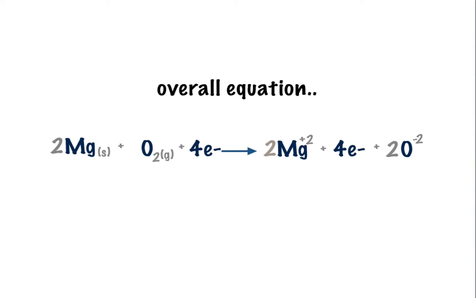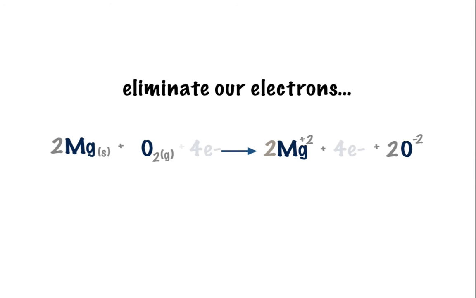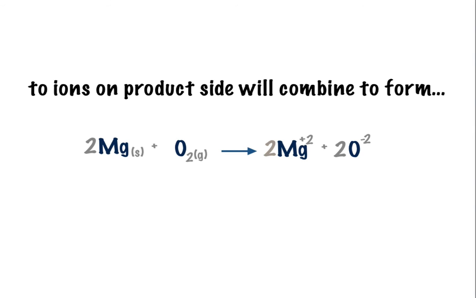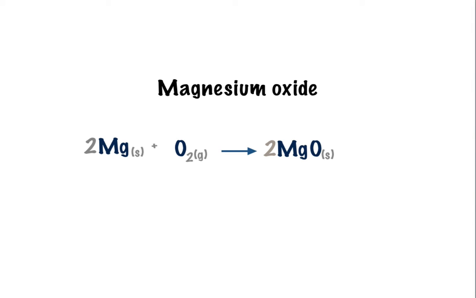So once I have that idea in place, I can actually eliminate my electrons, and I end up with something that looks more like a chemical equation. Now you'll notice on my product side that I still have my magnesium and oxygen ions separated, but in reality the ions on the product side will combine to form a new compound, which is magnesium oxide.